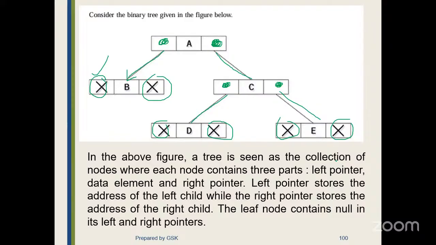So a tree is seen as a collection of nodes where each node contains three parts: left pointer, data element, and right pointer. The left pointer stores the address of the left child, while the right pointer stores the address of the right child. The leaf node contains null in its left and right pointers. Okay, those points we covered here.